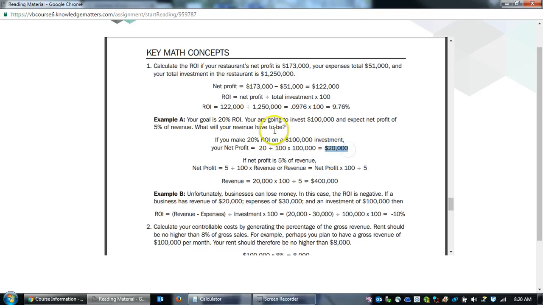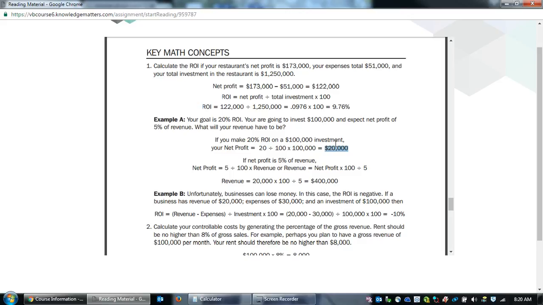It's easy math. It's just remembering what to do, not doing it. That's the big difference when you deal with business math. It's remembering what type of math I'm doing, not how to do the math. So now we got 20,000. That is our goal net profit, or our return on our investment.